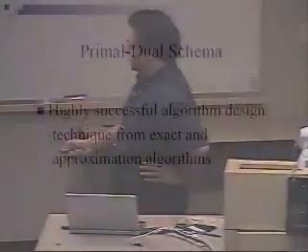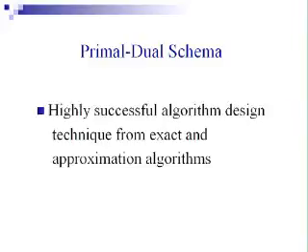And the interesting thing about it is that it uses the primal-dual schema, which, as you would know, is a very highly successful algorithmic design technique from exact and approximation algorithms. In fact, it was discovered in the context of bipartite matching by Kuhn in 1955.